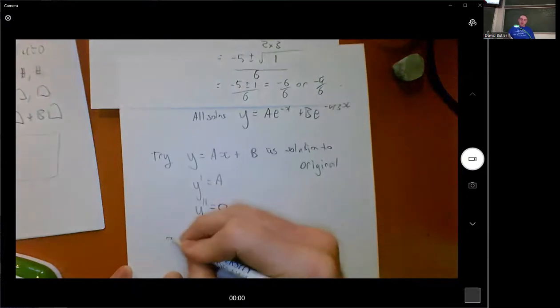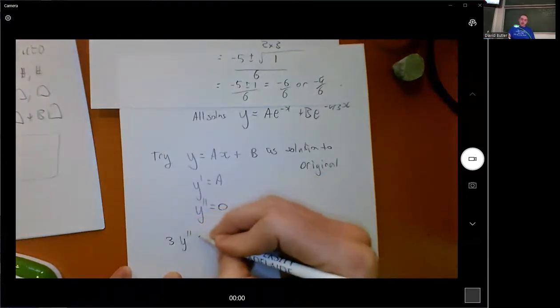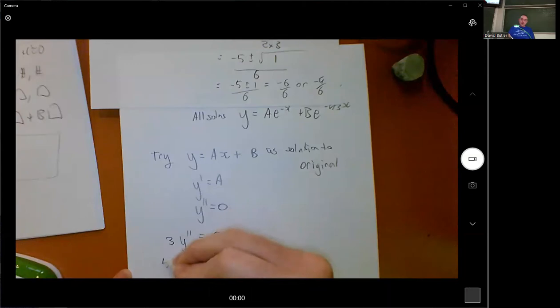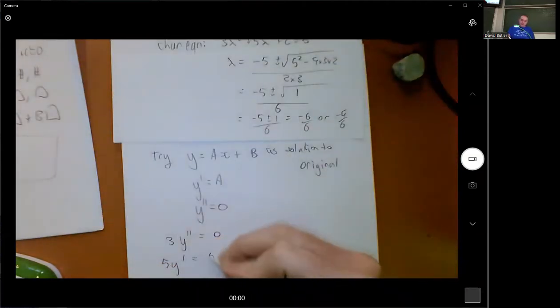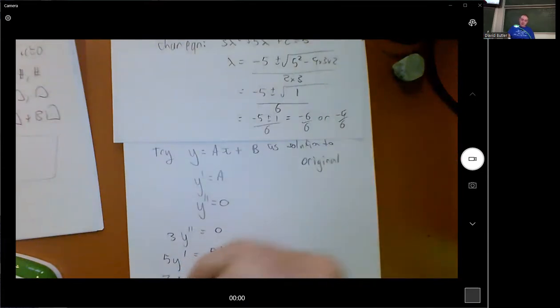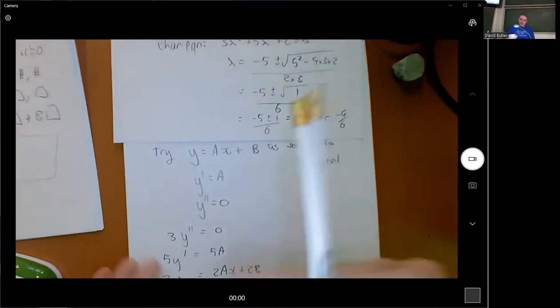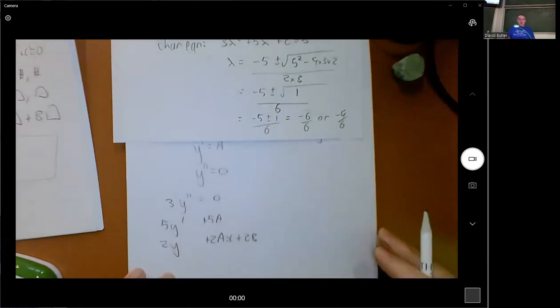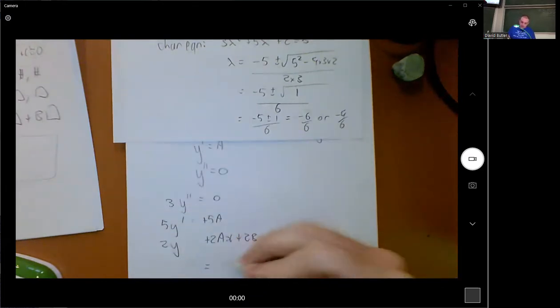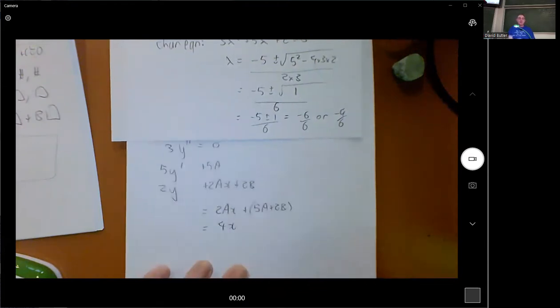And so I've got that 3y double dashed is 0, and 5y dashed is 5a, and 2y is 2ax plus 2b. And so I've got that this is 2ax plus 5a plus 2b, and it's supposed to be 4x.